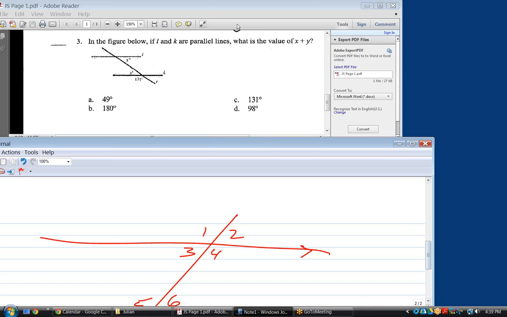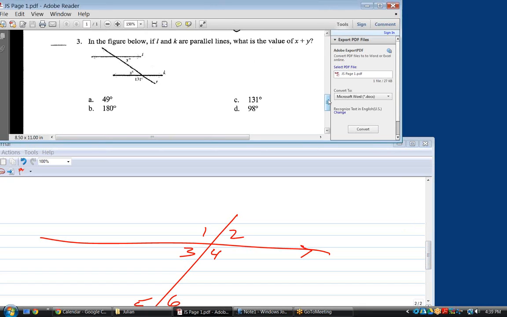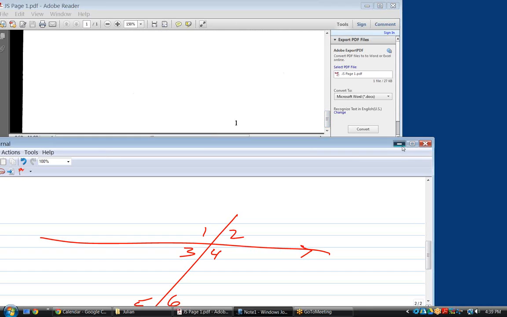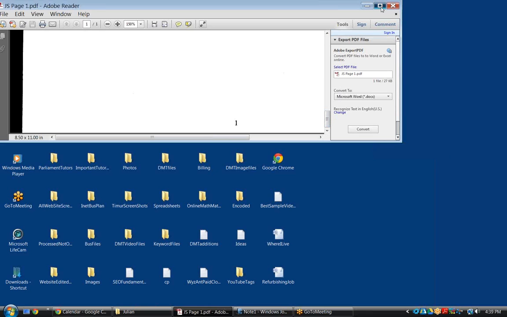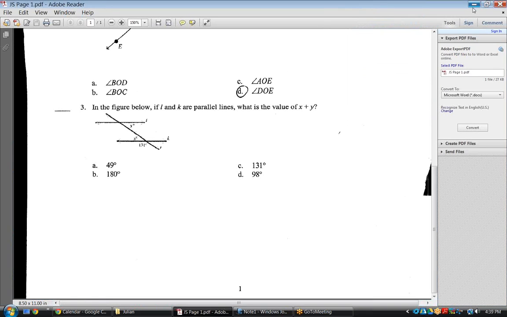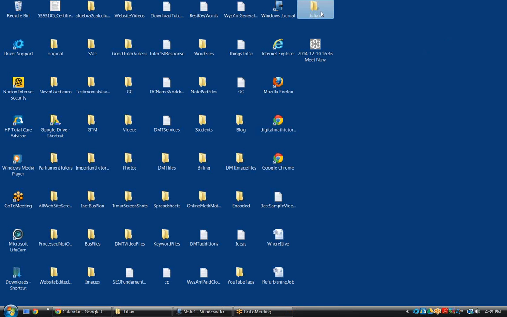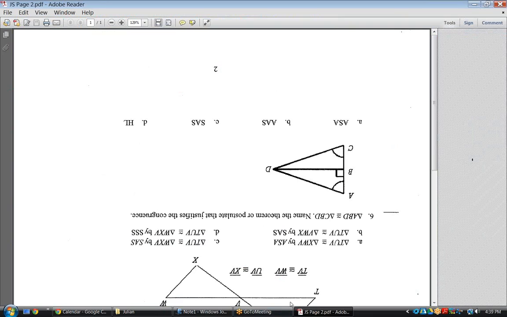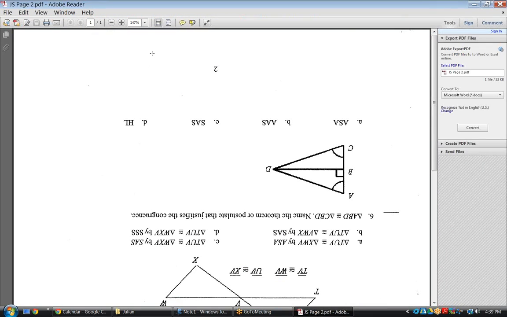At the end of that page? Already? Okay. Close that one out. Open the new one. Let's see.